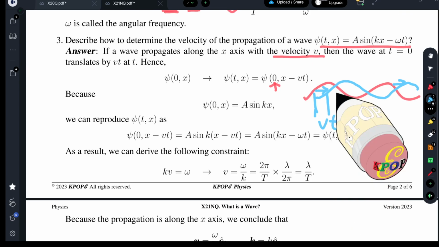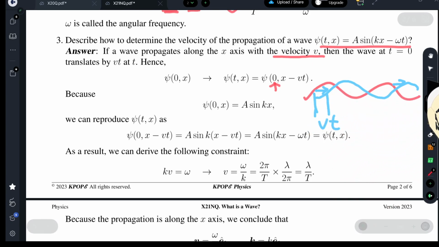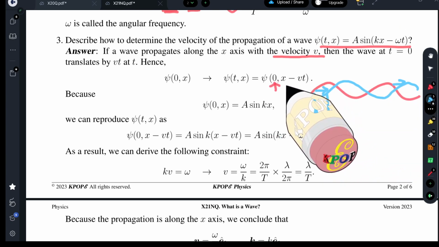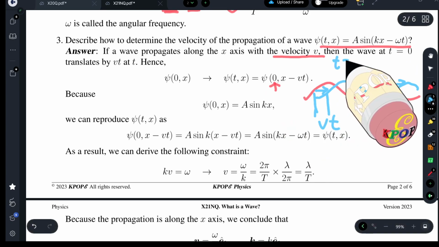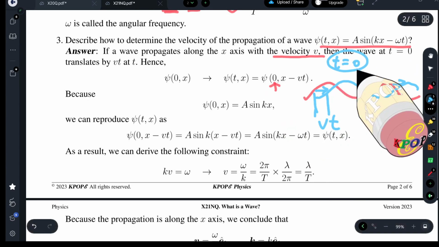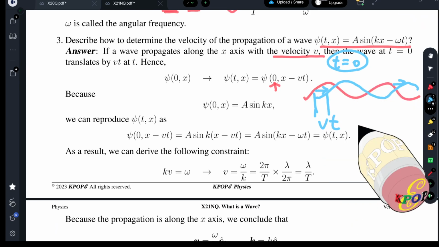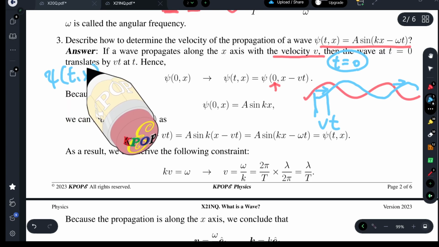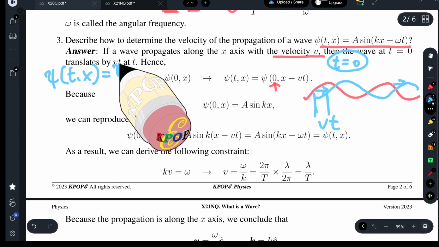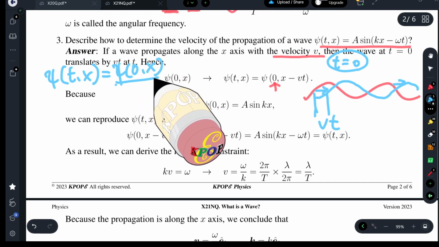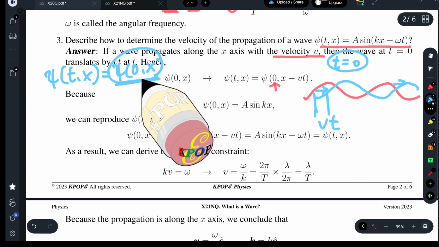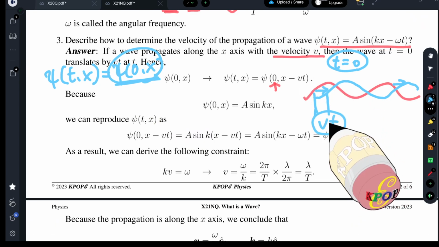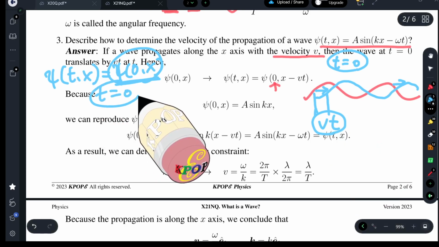Because the shape of this function is identical to the original one appearing at t equals 0. For example, psi at time t evaluated at t equals 0 is psi 0 of x. So this function translates by an amount vt at time t in comparison with time t equals 0.